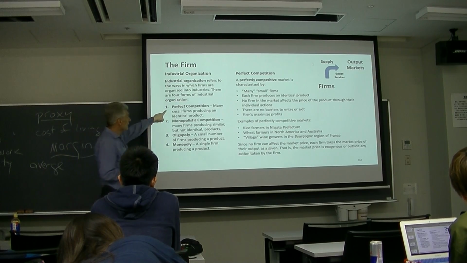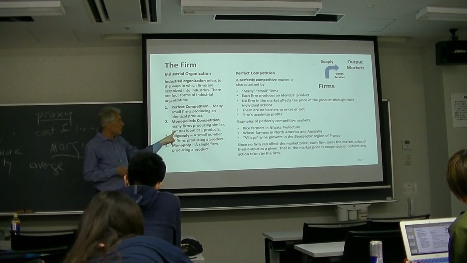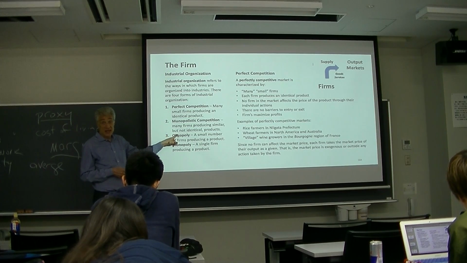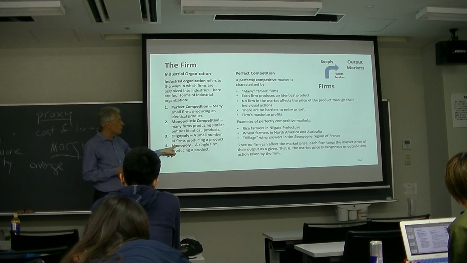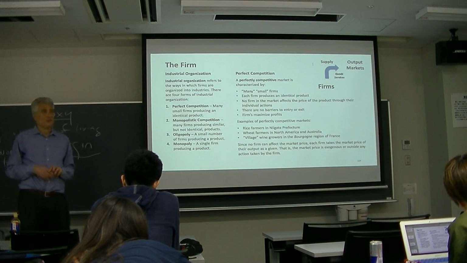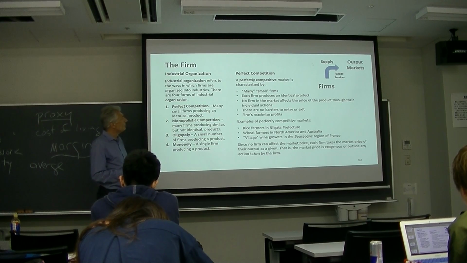Perfect competition, many small firms producing identical product. Monopolistic competition, many firms producing similar but not identical products. Fascinating topic, but we're not going to talk about that right away. Oligopoly, a small number of firms producing a product. And monopoly, a single firm dominating and controlling the market. Those are the four broad basic forms of competition.